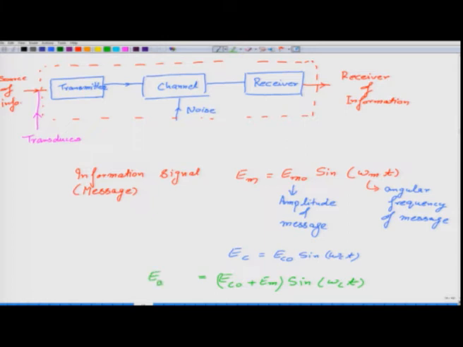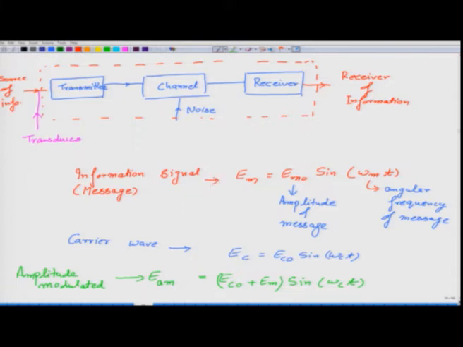This is amplitude modulated. This was the carrier wave, this is the amplitude modulated wave, and this of course was our message.